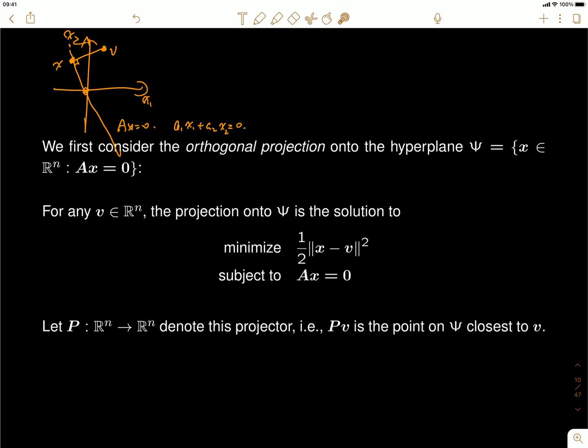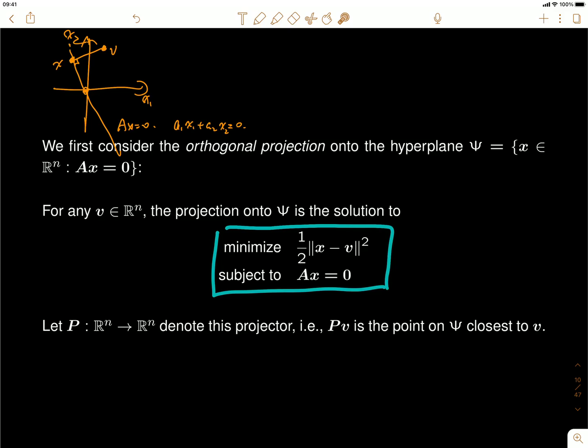That's why the minimization problem is formulated in this way. We try to minimize the distance between x, the point that we're trying to find, and the given point v, under the constraint that Ax equals 0, meaning that under the constraint x is on this plane. That's the minimization problem that we need to solve to figure out what the projection is.